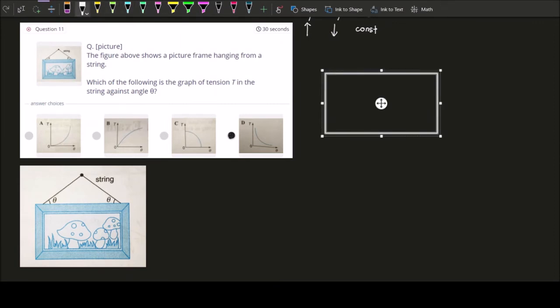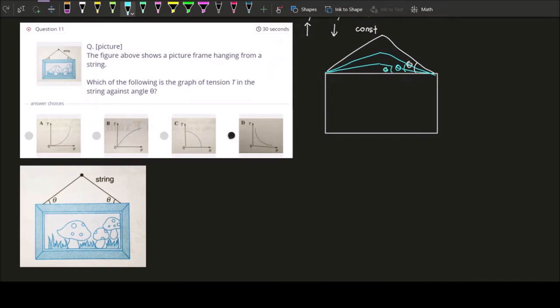Okay. This is your frame. Then if your string is like this, then this will be your angle theta, right? Now if you decrease this, then you have a smaller theta. Then you decrease it even shorter, then you have an even smaller theta.